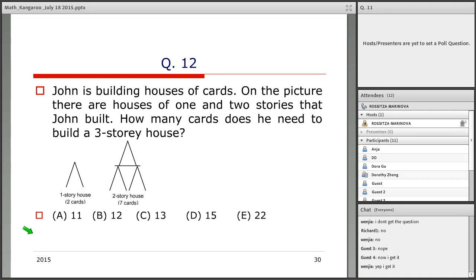Joan is building houses of cards. On the picture, there are houses of 1 and 2 stories that John built. How many cards does he need to build a 3-story house? Now, you see over here, this is the 1st-story house, 2nd story, 3rd story. How many cards will he need?